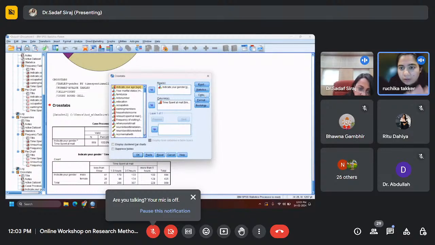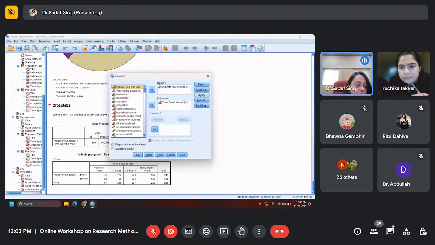It can be done, but usually whenever we are talking about the independent and dependent variable, Ruchika, we put the independent variable in the rows and the dependent variable in the columns. Otherwise, there is no specific rule. You can interchange it; it doesn't matter at all. Okay, ma'am, thank you. Put it in this way only, right?